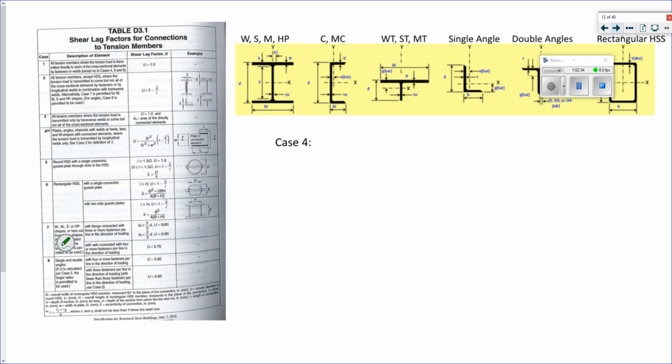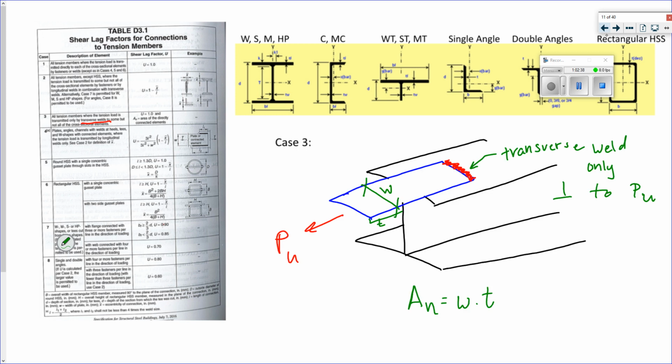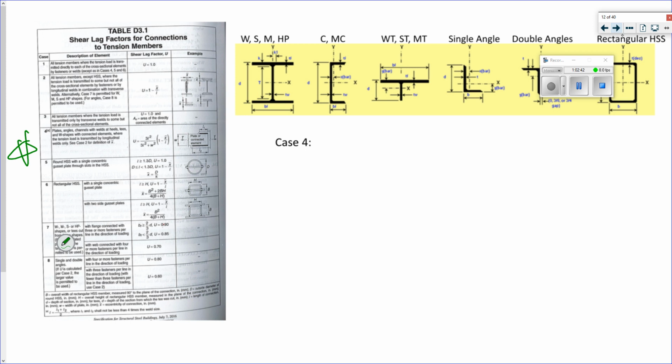Case 4, right? This time we're talking about case 3, case 4.